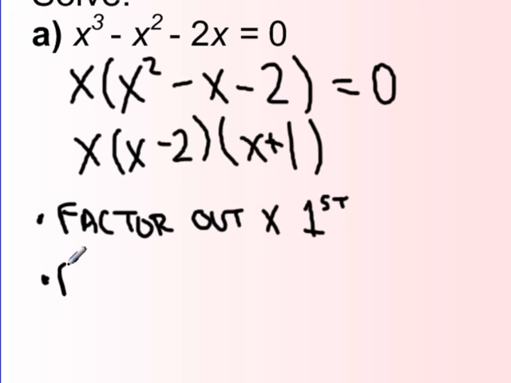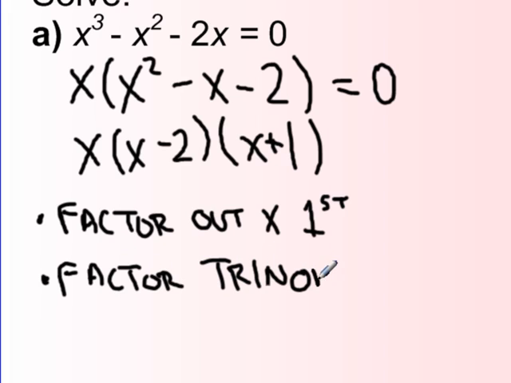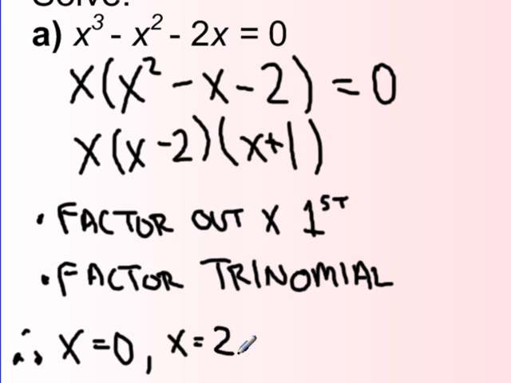Then we factored the trinomial. And then we can summarize by saying that the solutions to this polynomial are x equals 0, x equals positive 2, and x equals negative 1.